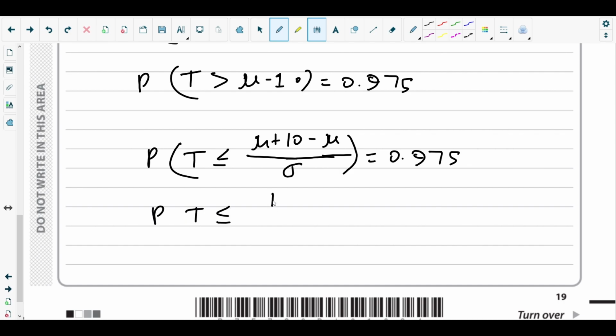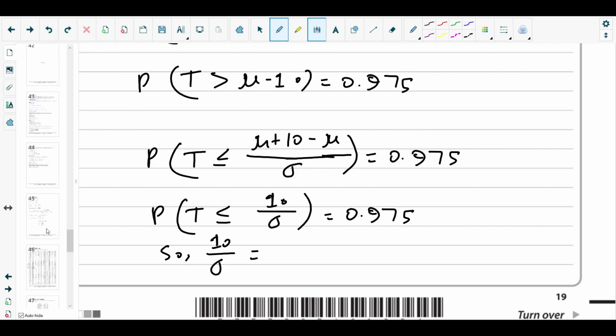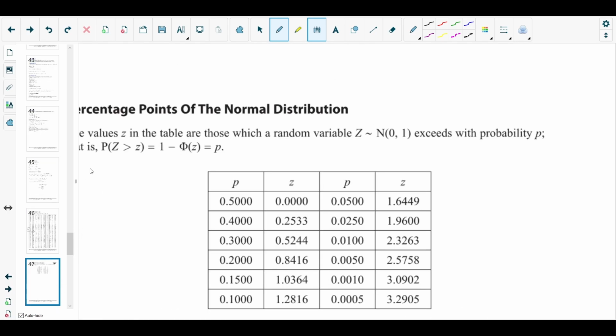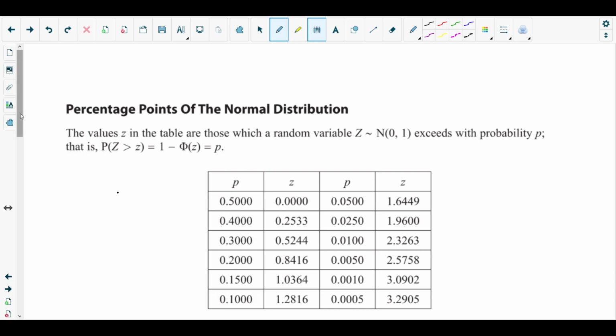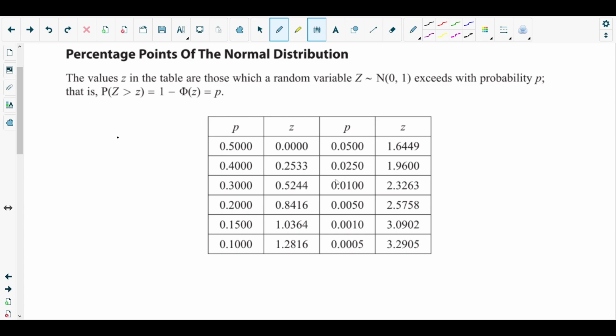So you will get 10 over sigma, equals the inverse normal of 0.975. What would be the value corresponding to 0.975 area? We can get it from the formula booklet, the percentage points of the normal distribution. We need 0.025, yeah, 0.025 is this one, 1.96.